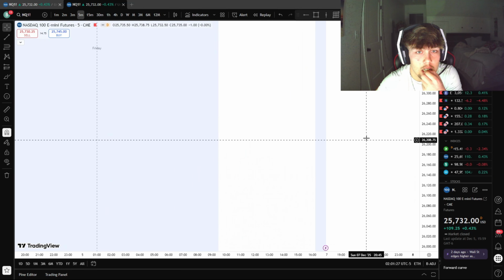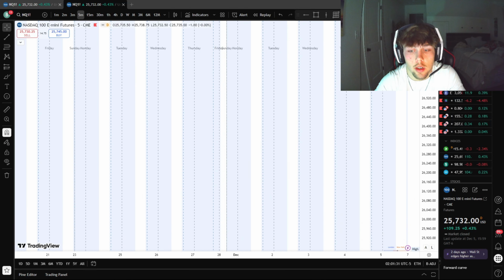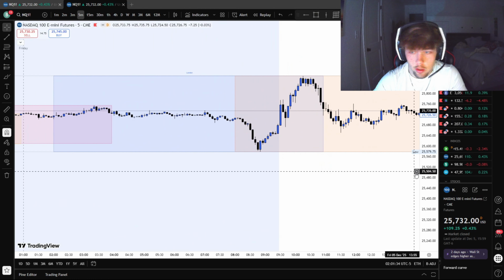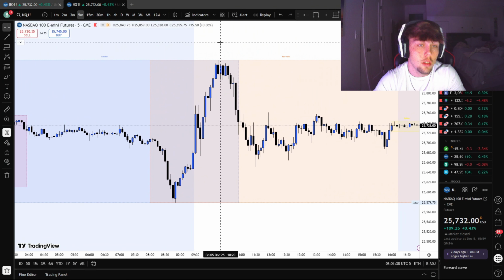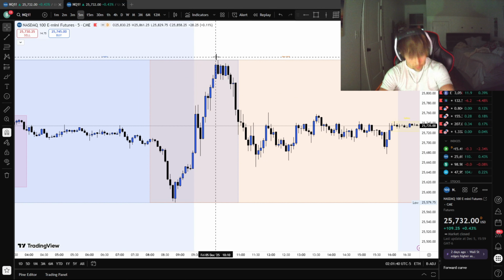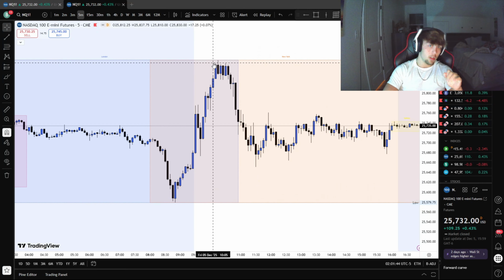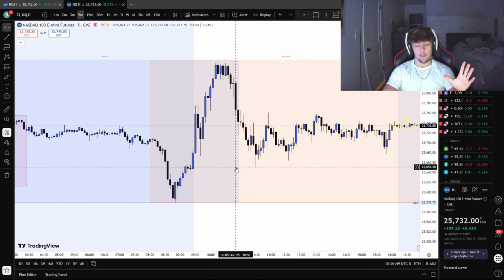Actually, let me show y'all this. Where'd you go, buddy? Oh, actually, look at that. 5 examples of a breaker structure to the upside, which is when you're in a downtrend, break structure up into an uptrend. 5 examples of that. And then 5 examples of when you're in an uptrend, you break structure and you continue into a downtrend. 5 examples of that.